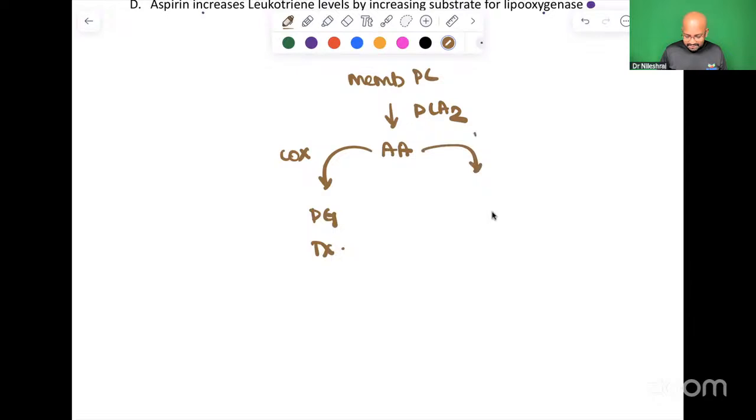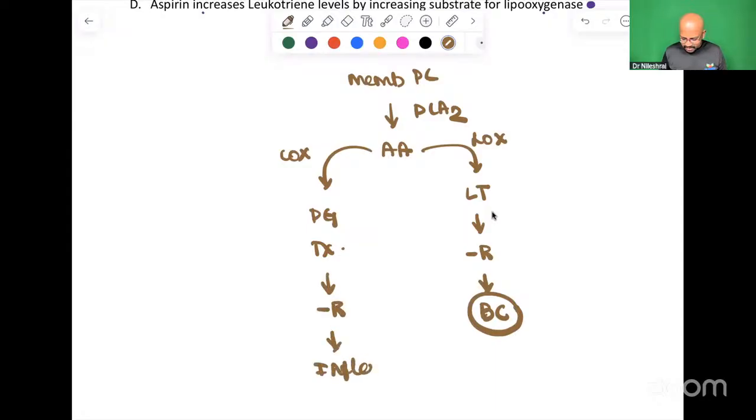If arachidonic acid is acted upon by lipoxygenase enzymes, then leukotrienes will be synthesized, which will bind with their receptor, thereby producing bronchoconstriction. On the other hand, prostaglandins will bind with their receptor, thereby producing inflammation.